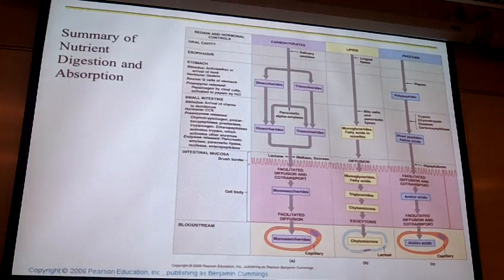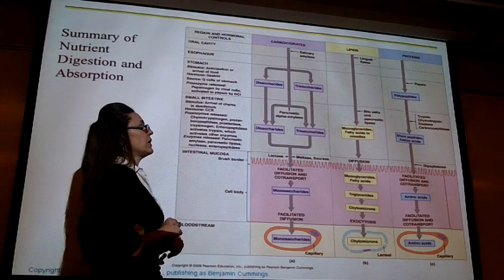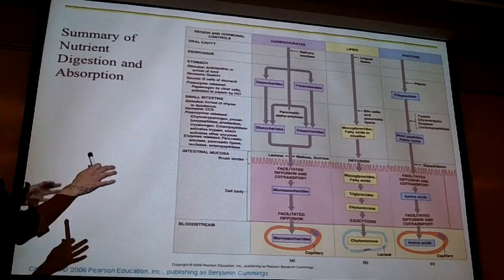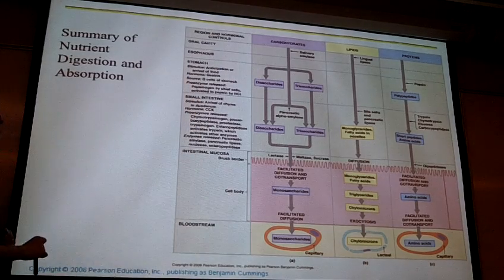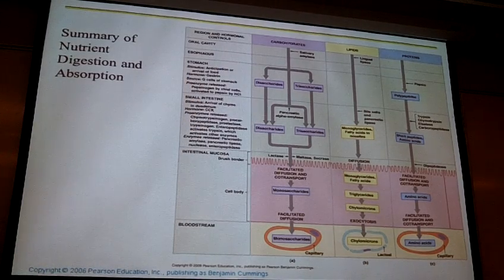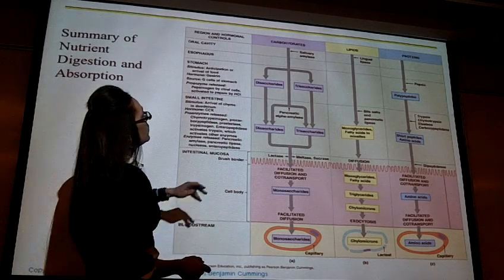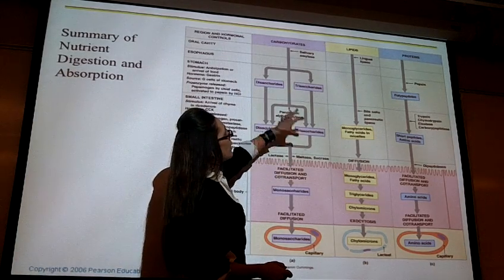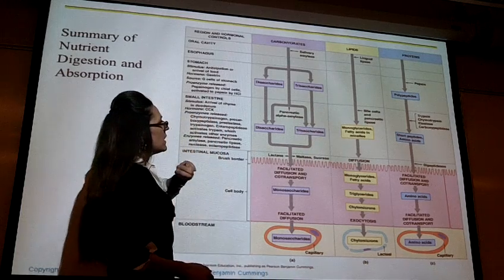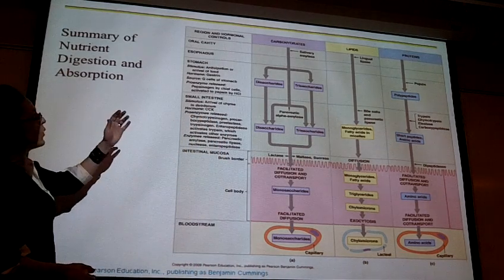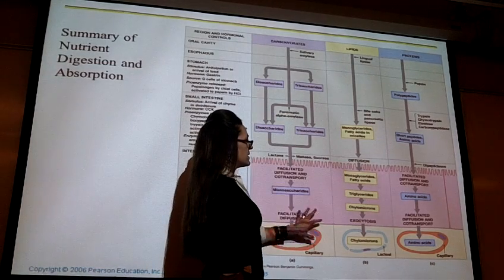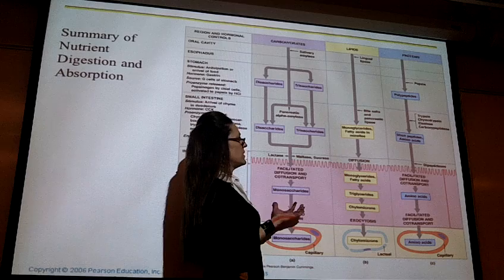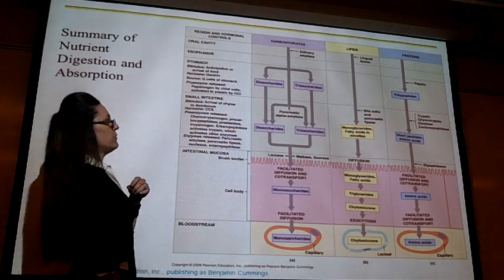Okay. This last slide is just a summary slide of what we've talked about already. This is a nice little summary slide that is telling you what's going on in the different parts of the GI tract. It's telling you what enzymes are involved, where they're released, where they're active, what they're breaking down. So again, this is a nice summary slide, probably more information here than we went into.